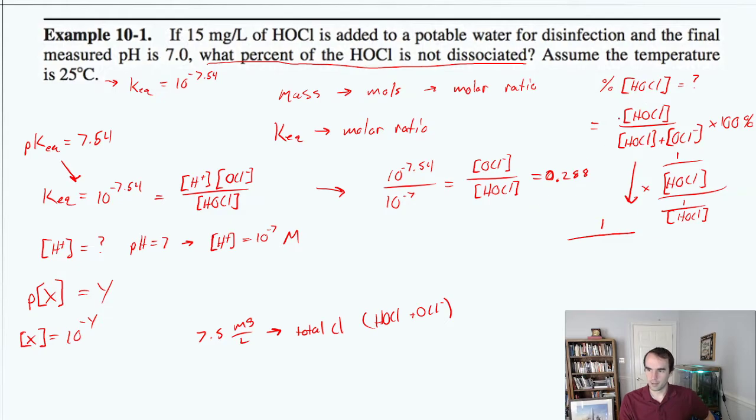But what I end up with by dividing both the top and the bottom by HOCl is 1 over 1 plus OCl minus divided by HOCl. So this was a neat little trick that got us to the point where we can put this number in.